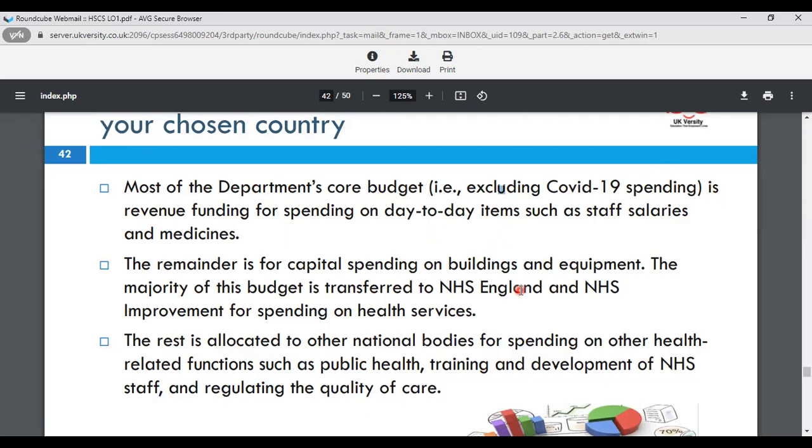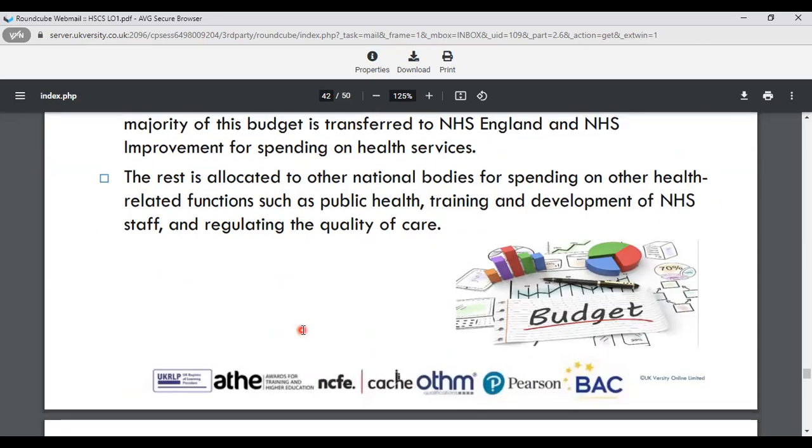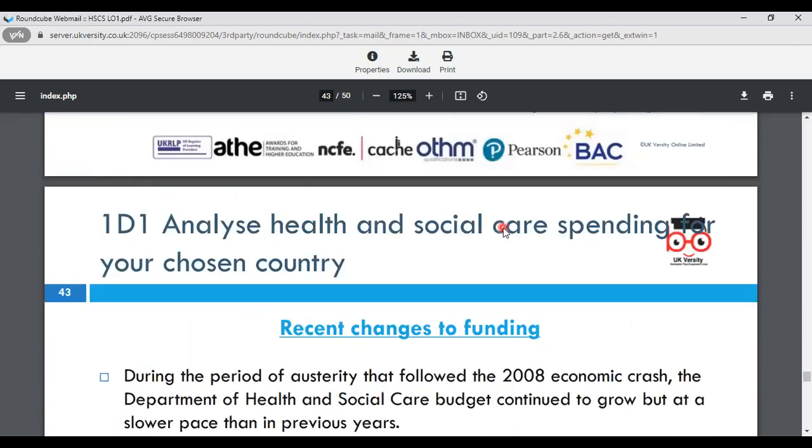So you needed equipment, and you needed a building also, for instance, for testing and other services. This was for the improvement of NHS England and for health services. And the rest was allocated to other national bodies for spending on other health-related functions, such as public health, training and development of NHS staff, and regulating the quality of care.